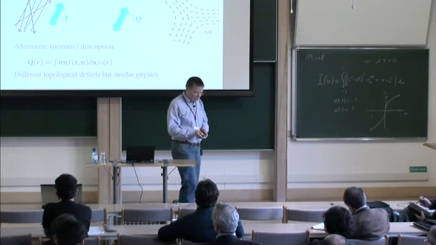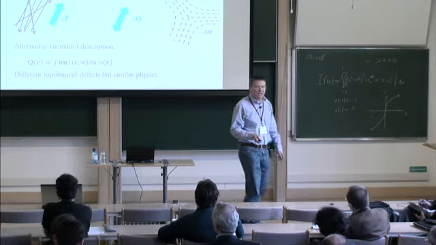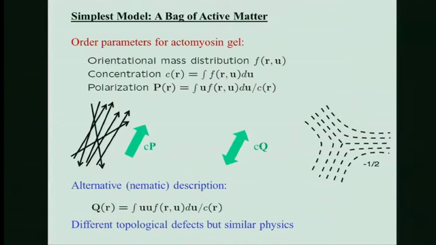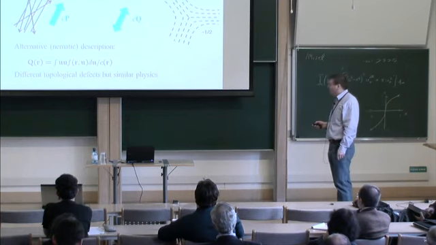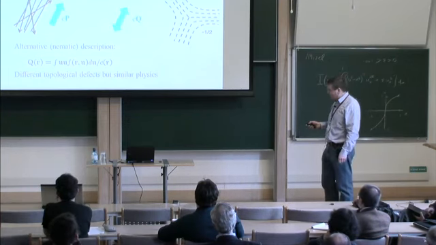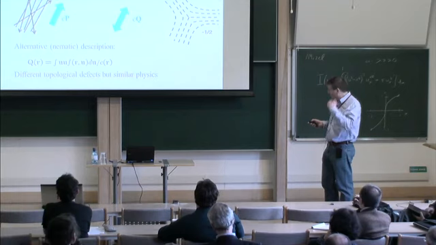For most of what I'm going to say, you could replace that by an even more standard description in terms of a nematic. In other words, if you don't have this polymerization effect, which moves you along your own arrow, then you might as well think these fibers would be headless fibers, in which case you talk about a Q tensor, as you're all used to.